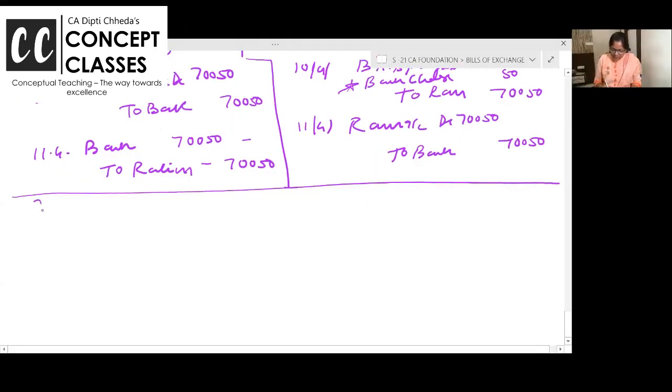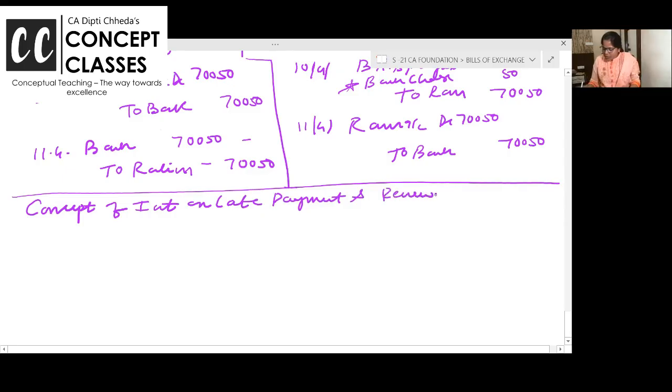Again, dear students, just to understand, I'm making you write entries left and right. Write down the concept of interest on late payment and renewal of bill.